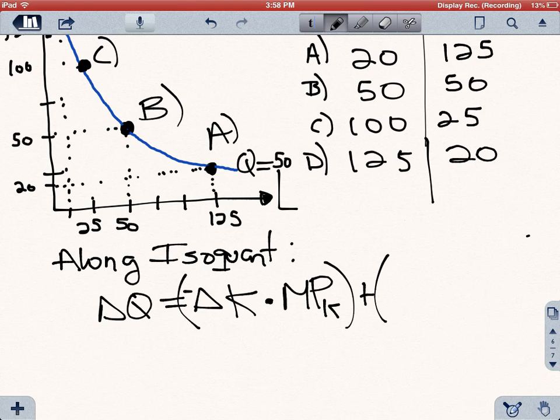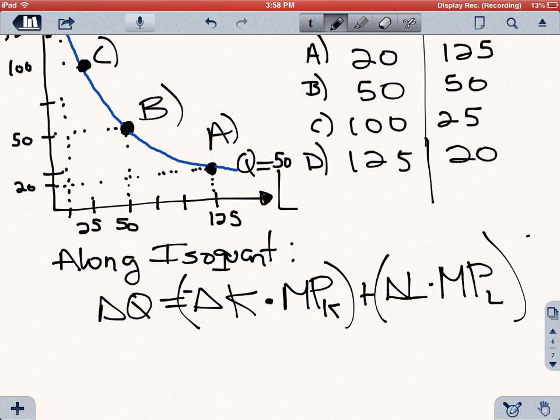We're gaining output from the additional labor. We're losing output because we are losing some capital, but we're going to replace that output with additional labor, and the increase in output from labor is going to be equal to whatever more labor we're going to add times how much output we get for every additional unit of labor, which is the marginal productivity of labor.